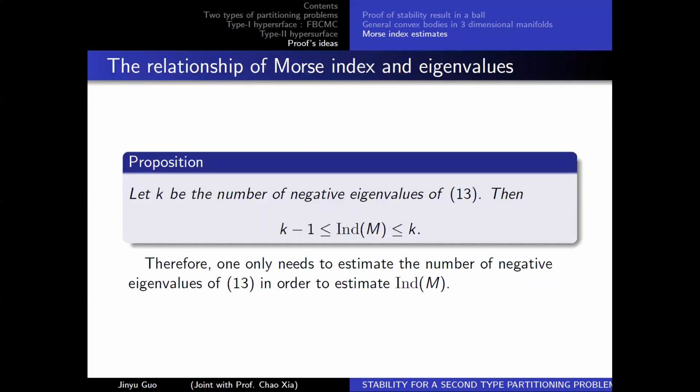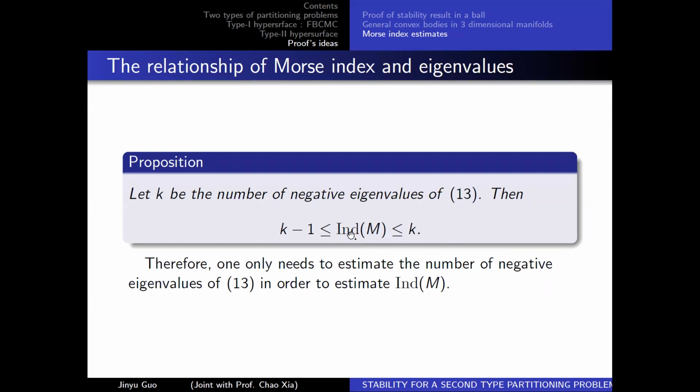Now we give the relationship of the Morse index and the eigenvalues of 13. Let k be the number of the negative eigenvalues of 13. Then we have this equality.